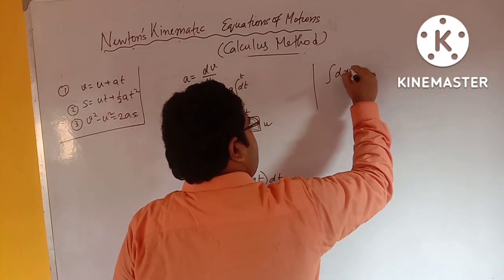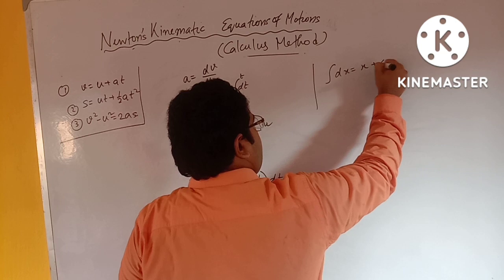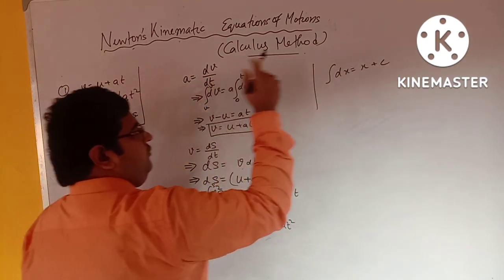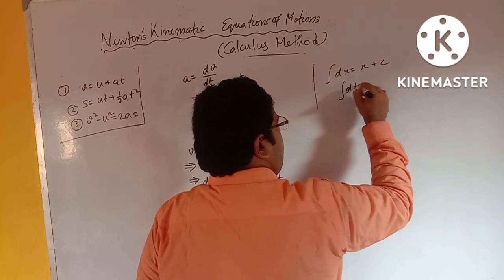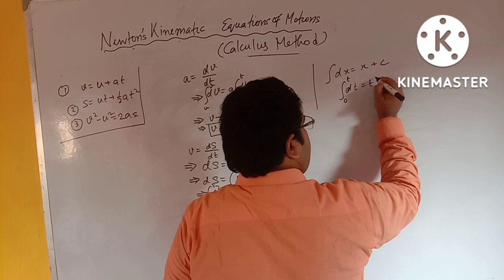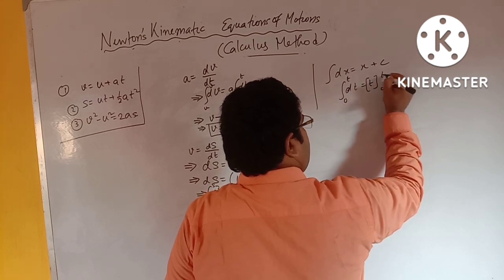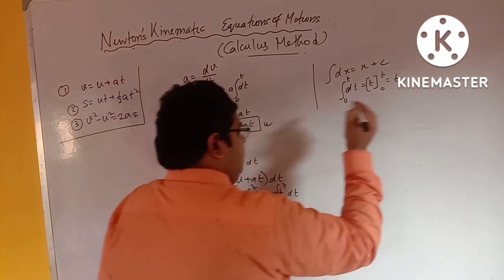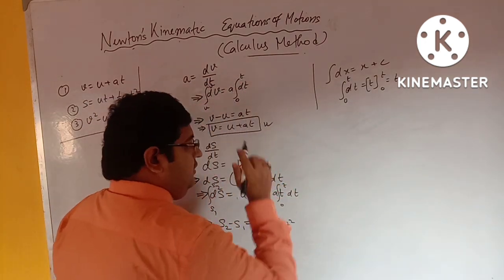Now how are we getting it, I am just showing it here. Integration of dx gives you x plus c, you see. So integration of dt will give you t. When you integrate with the limits, you get t minus 0, that is t. Now here the things will change.